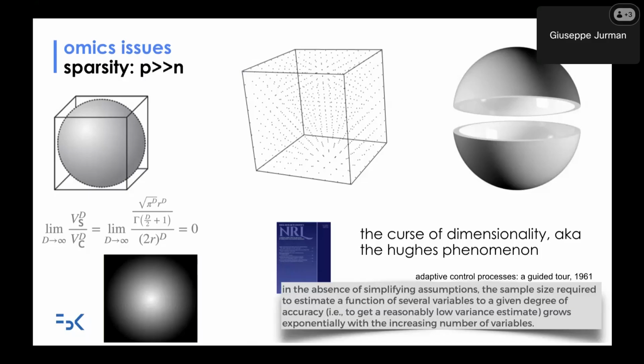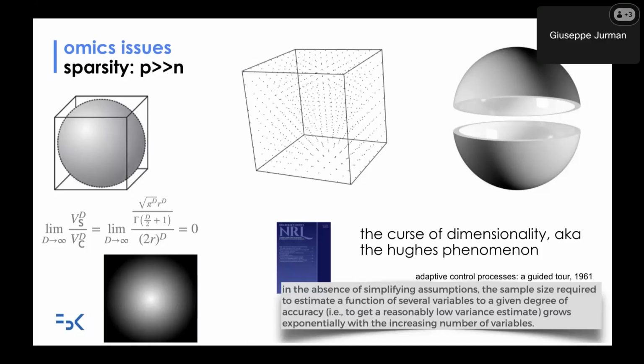If we go in higher dimension, the volume of the hypercube can be represented by 2r to the d. Okay, that's clearly the volume of the hypercube. The volume of the hypersphere of the same diameter is expressed by the formula you can see there. If we go to the limit, you see that the limit is 0 with the increasing dimension.